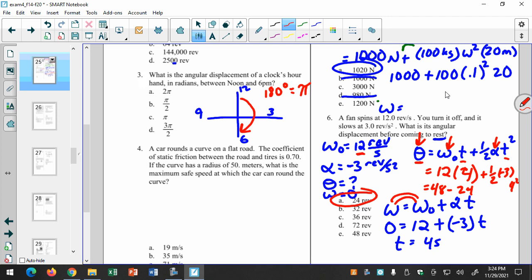And usually on these, you'll see that I have revolutions here and revolutions here. So you don't have to do any unit conversions. It's only when you're dealing with centripetal forces or converting your linear to rotational quantities, those 4 equations that I wrote for you earlier. That's when you need to convert to SI units for radians. Okay?